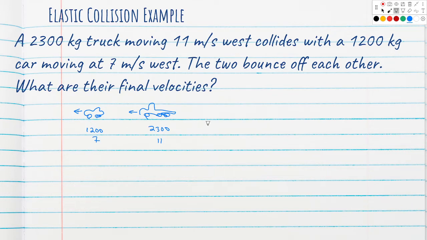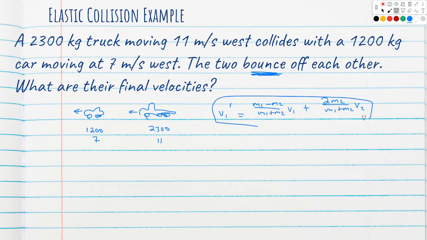So here, because this is a hit and bounce problem, I'd have to use the first formula, V1 prime equals (M1 minus M2) over (M1 plus M2) times V1, plus 2M2 over (M1 plus M2) times V2, like that. That's the first equation that we had on the thing.